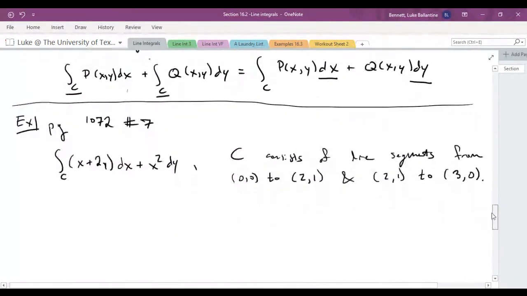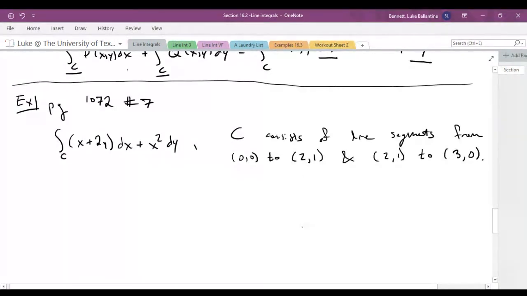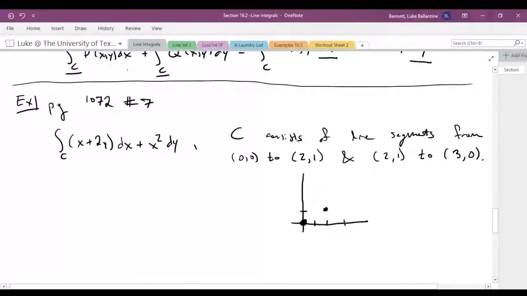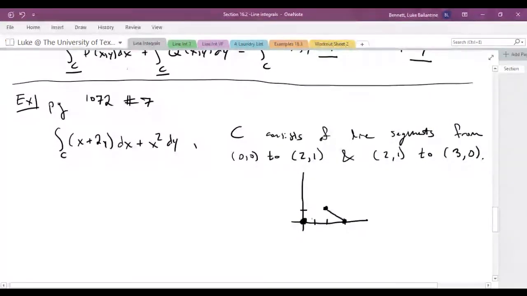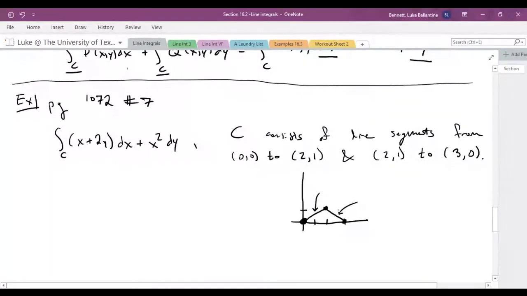Okay, so let's go ahead and do an example. C consists of line segments from 0,0 to 2,1, and from 2,1 to 3,0. So we have 0,0, 2,1, 3,0. It's going to look like this. So this is two curves, right? So we're going to split this up into two line integrals.